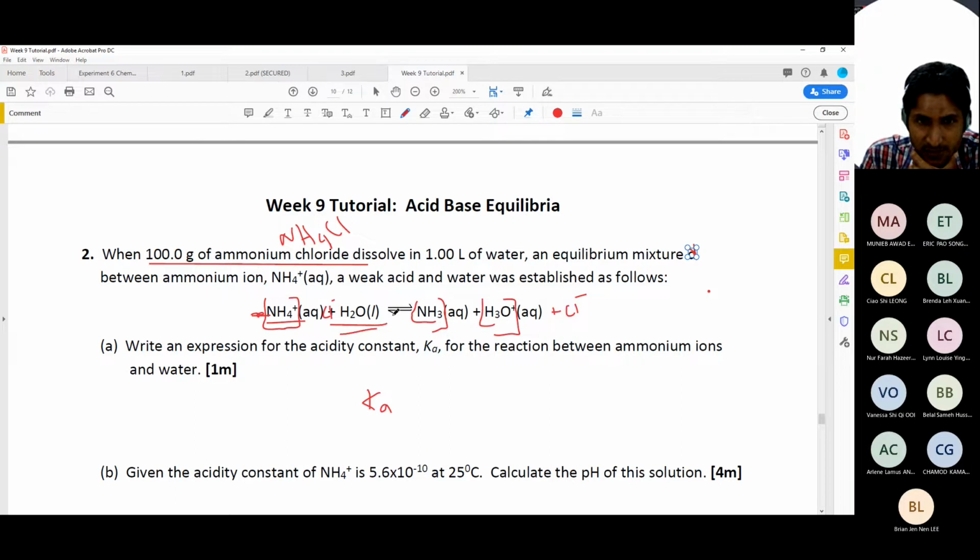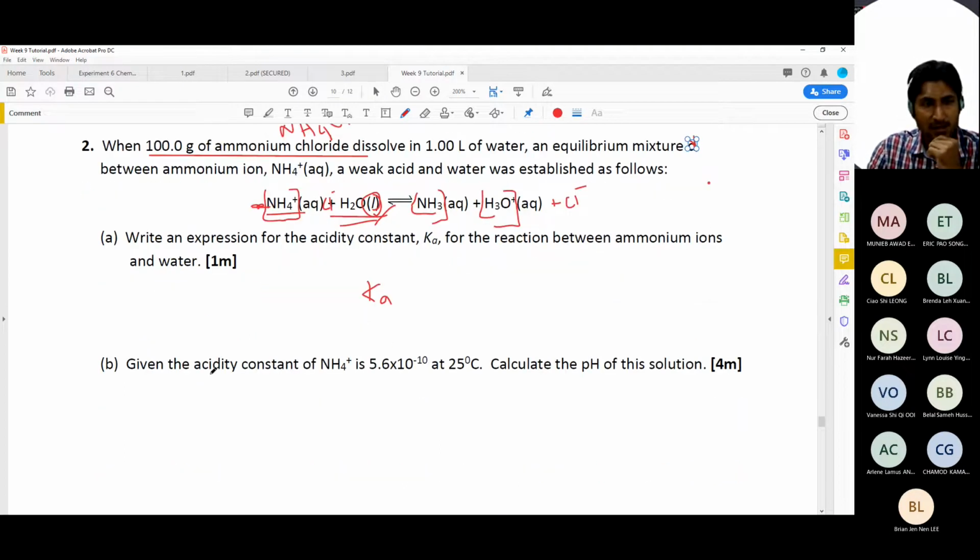Water will be left out because it is liquid. Given the acidity constant of ammonium is 5.6 times 10 to the power negative 10 at 25 degrees centigrade, calculate the pH of the solution.